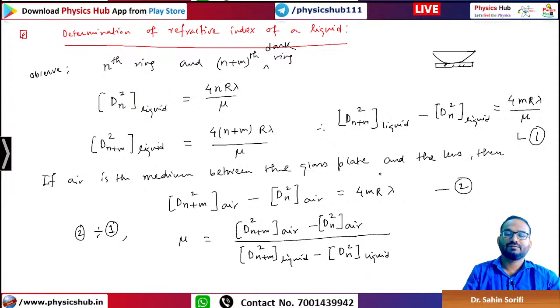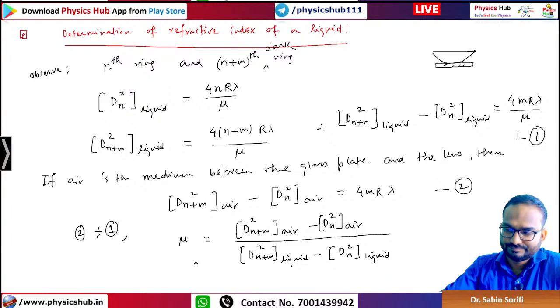Clear? So what you do? You will first measure the diameter of the fifth and 15th dark ring, let's say, in presence of air. Now you just fill this with a drop of that liquid. Then you will measure those same rings' diameter, and from this formula you can easily find out the refractive index of that particular liquid, isn't it?